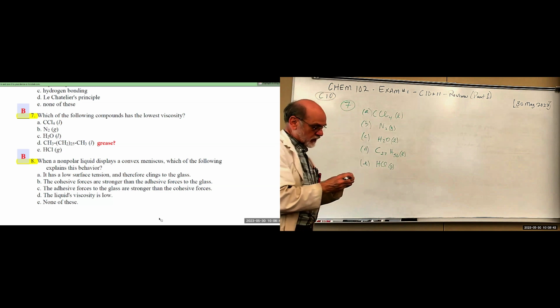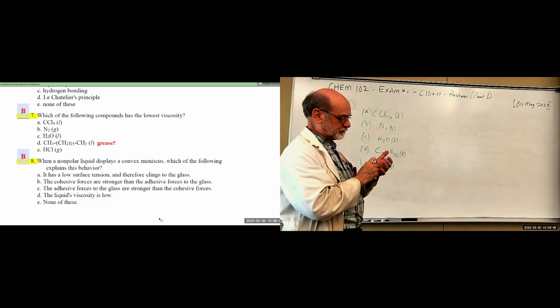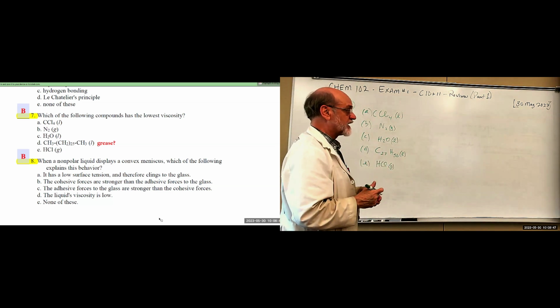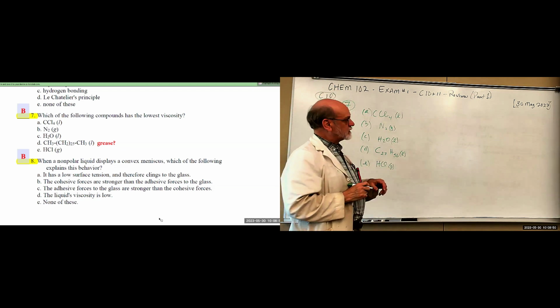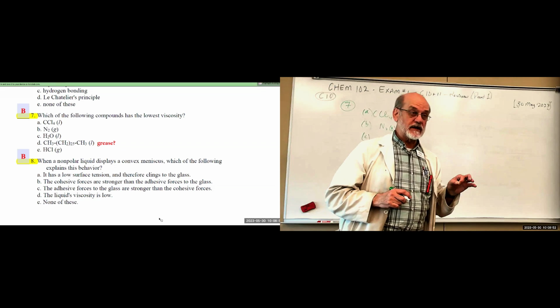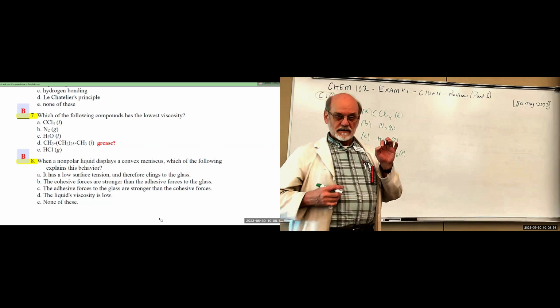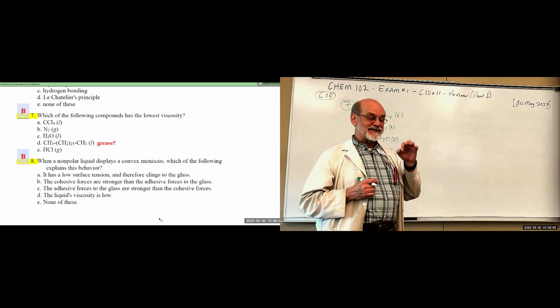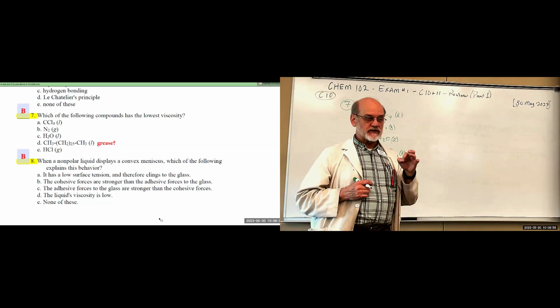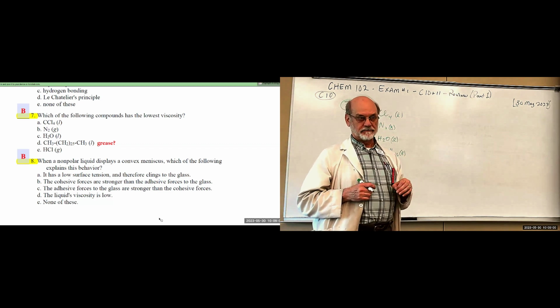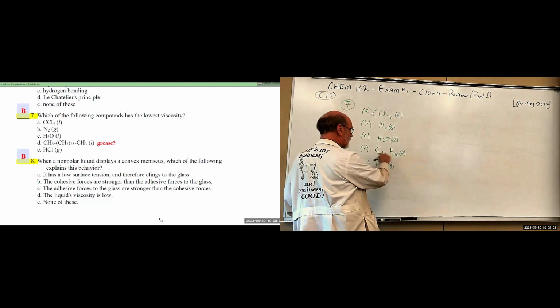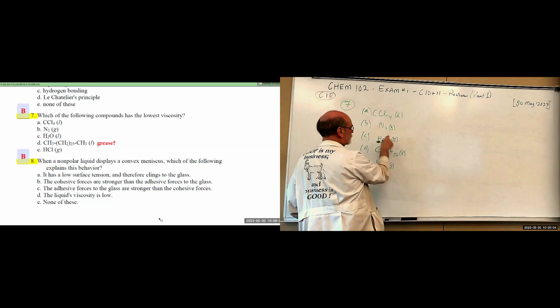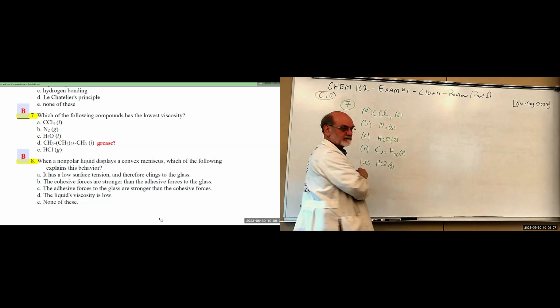If I were trying to solve this problem in a test taking setting, I would eliminate, I'm looking for the lowest viscosity. As a general rule, gases are much, much lower viscosity than liquids. So we can do away with that liquid, and that liquid, and focus on these two gases.